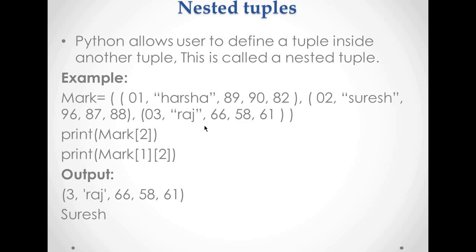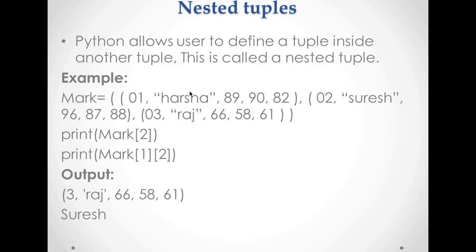In this example, we have three inner tuples. This is the first inner tuple, this is the second inner tuple, and this is the third inner tuple. The outer tuple starts here and ends here, and the first inner tuple starts here and ends here, and this is the second inner tuple and this is the third inner tuple.